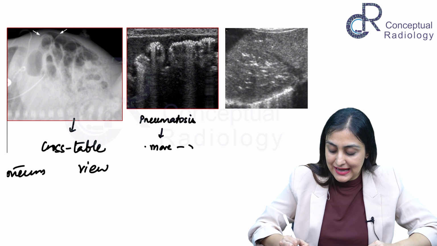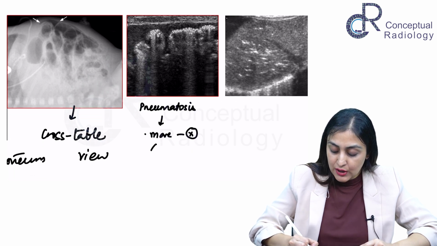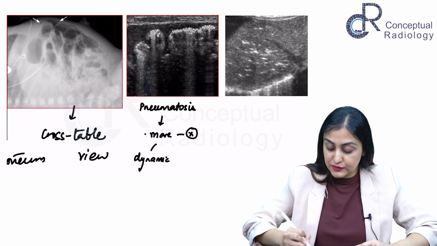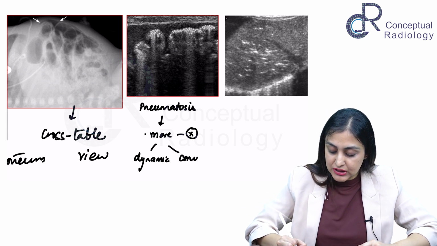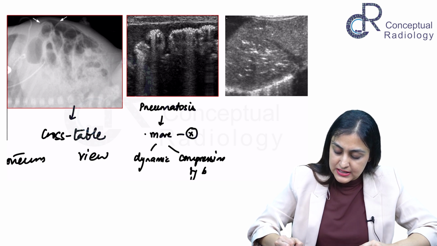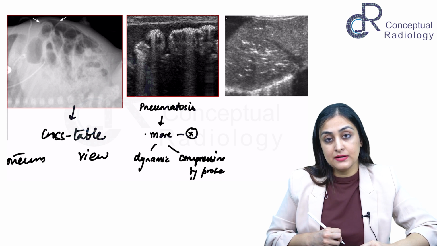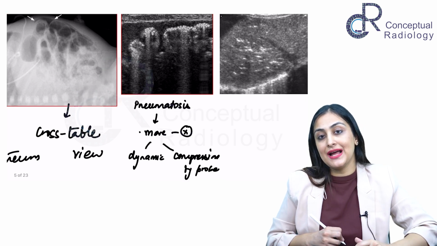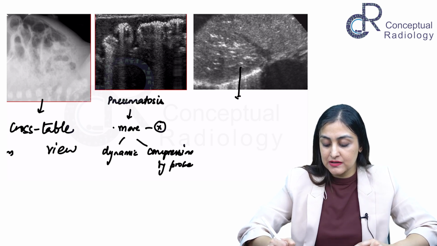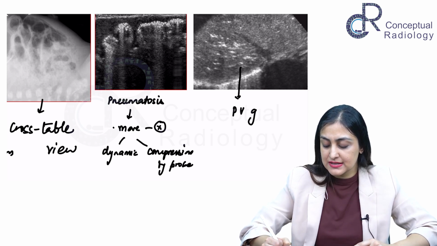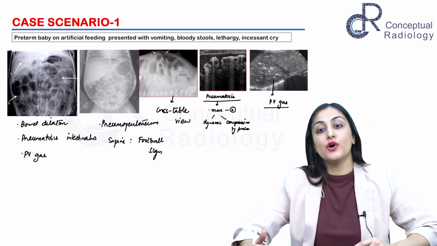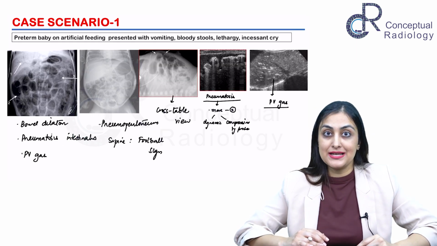This is air which is not moving on dynamic maneuvers, change in position of the baby. It is not moving on compression by the probe, right? This is fixed air that you are seeing. This is how you can diagnose pneumatosis. And finally, what you see here in the liver is portal venous gas. So ultrasound is a very good investigation for necrotizing enterocolitis.